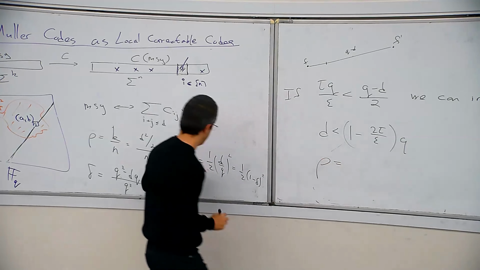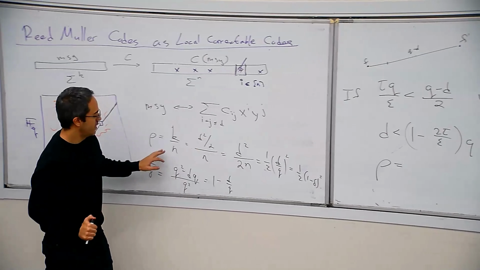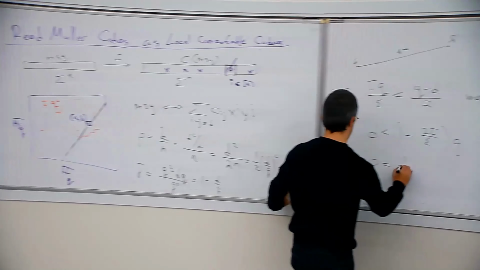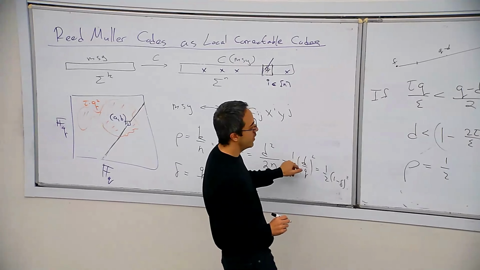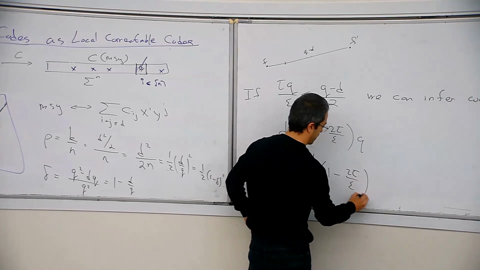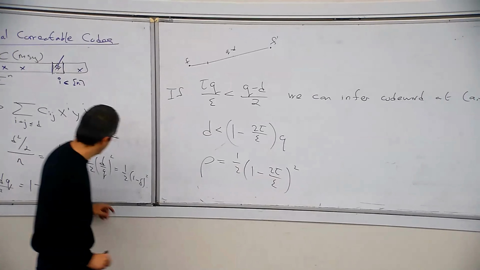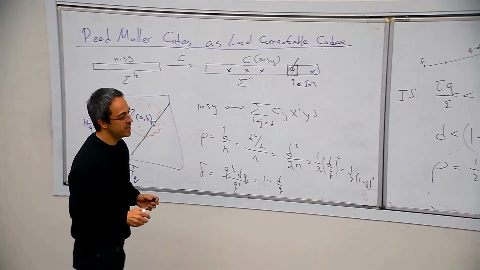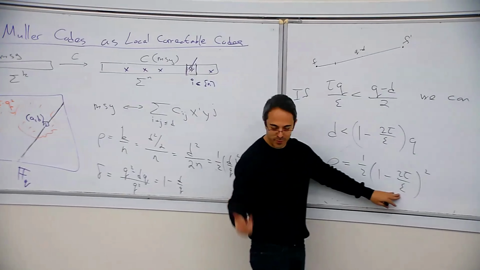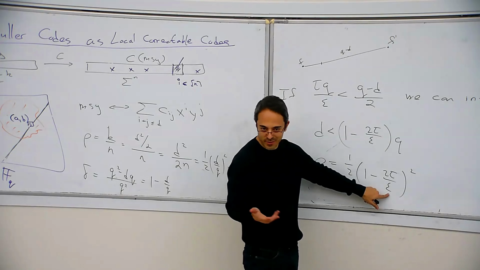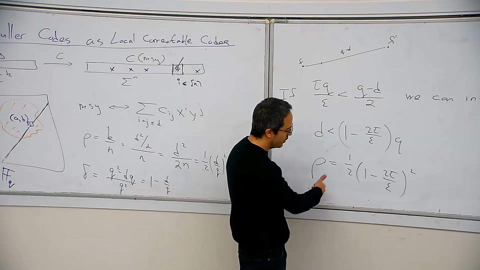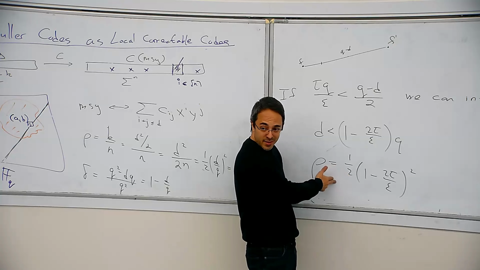And the rate, just to compare, of the code as a code rather than as a locally correctable code, is half D over Q squared. So rather than have 1 minus delta squared, which we have here, think of epsilon as a constant. So without any essential loss in rate, we can actually locally correct.